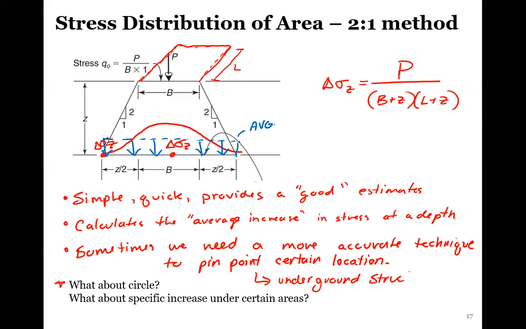This is really important: the 2-to-1 method is still used. It's used in a technique called consolidation, where we look at settlement of clays due to loading, so the squeezing of clays over time, which we'll unfortunately talk about more in part 2 of this class, the foundation analysis and design in the fall.